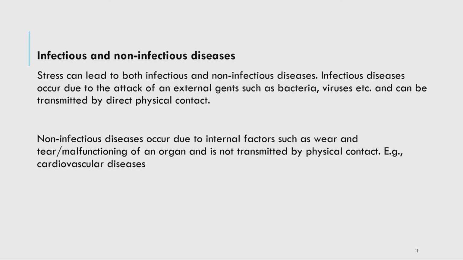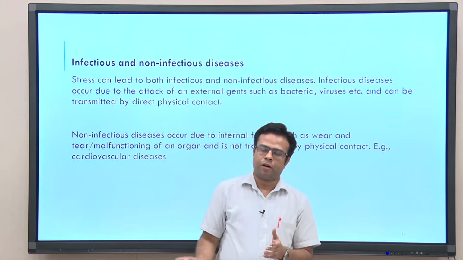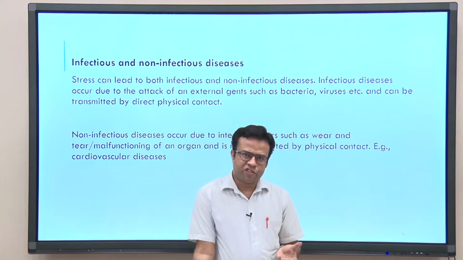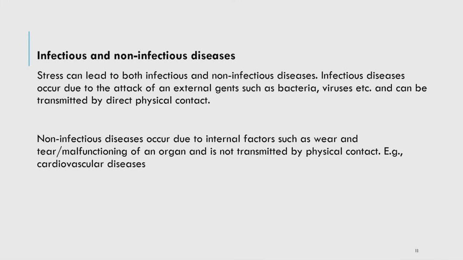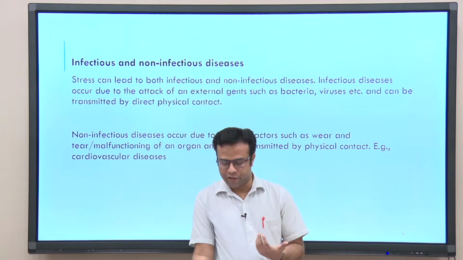Primarily it comes from outside and it can be transmitted from one person to another, because the agents are bacteria and viruses that can transfer from one person to another. That is why they are also called communicable diseases. Non-infectious diseases, on the other hand, occur primarily because of internal factors such as wear and tear or malfunctioning in certain organs of the body, and these are not transmitted from one person to another. Therefore, they are also called non-communicable diseases.